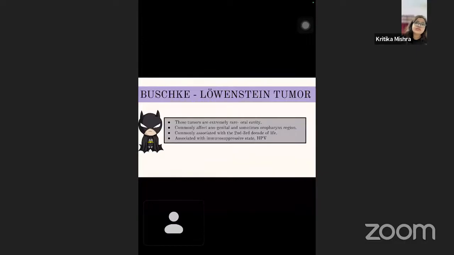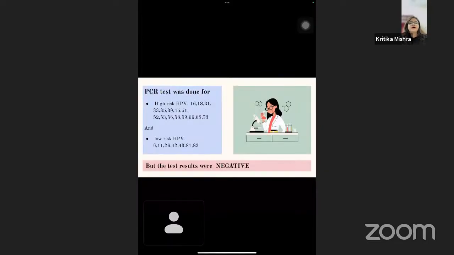It is commonly associated with the second and third decade of life and associated with immunosuppressive state and human papilloma virus. So we did a PCR test for the high-risk HPV variants like 16, 18, etc., and low-risk human papilloma virus variants like 6, 11, 26, etc., but the test results were negative.